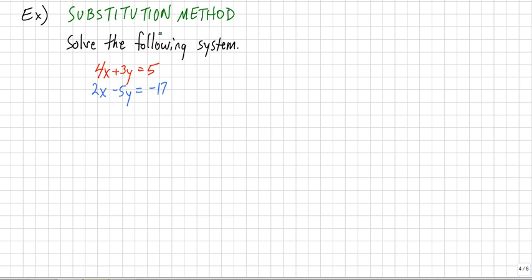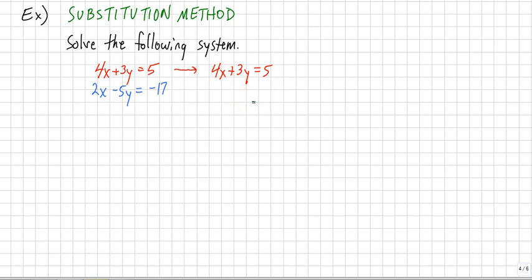So basically, you need to pick one of the equations. I'm going to pick the red one just because I want to. You could pick the blue one if you wanted. I'm going to take the red equation, which is 4x plus 3y equals 5, and solve this equation for one of the variables. I'm going to solve it for y.